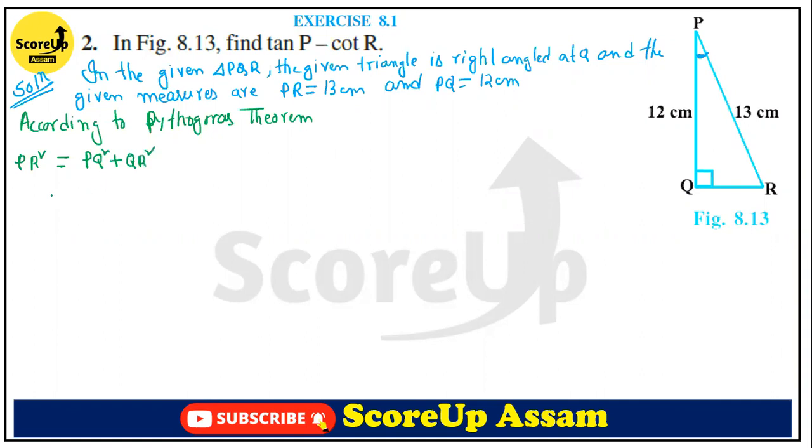Now we need to find the value of QR square. So QR square is equal to PR square minus PQ square.